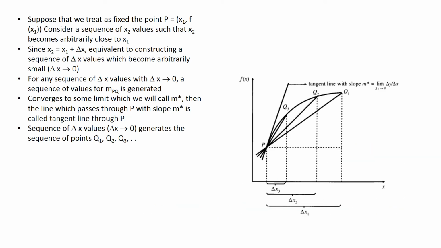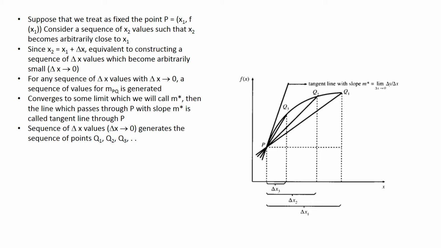Now suppose that we treat the point P as fixed. Then we start with Q1 and draw a secant. Then we start changing the Q's. Q is brought closer and closer towards P. Let us say it is initially Q2, then Q3. What is happening?